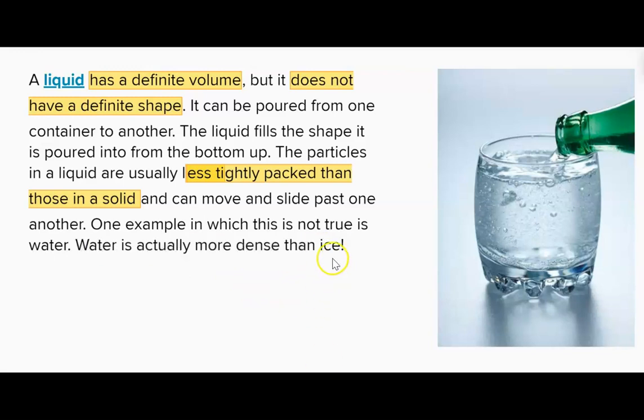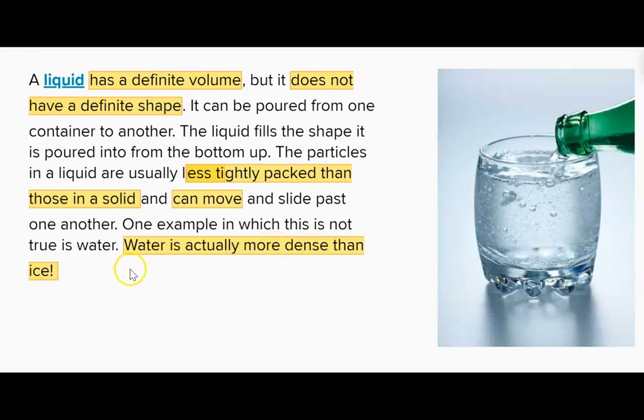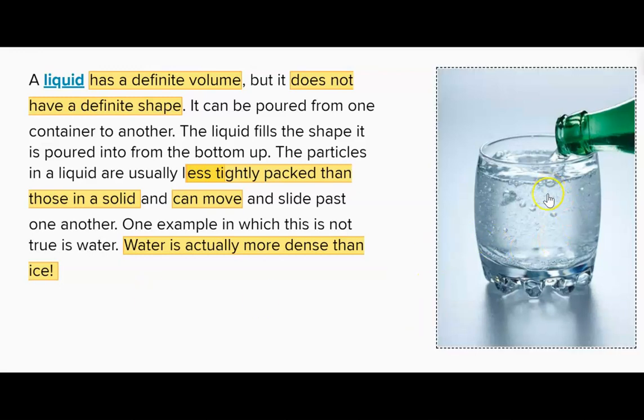Ice is solid, water is liquid. Technically, solid should be more dense, but in water's case, the ice is less dense than water, which is why ice floats in the glass. When you put ice inside this 7-Up, you'll see the ice up, not sinking.